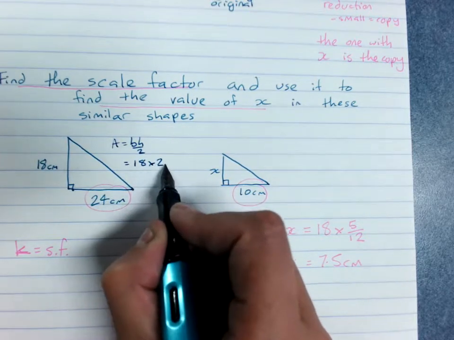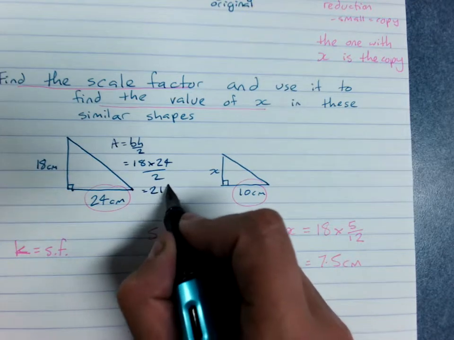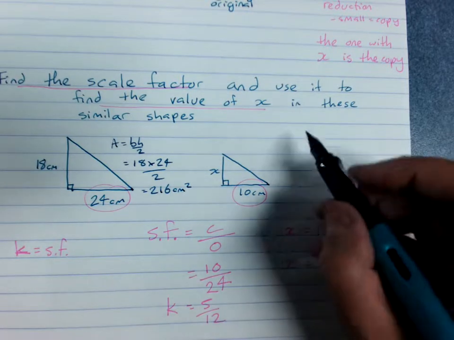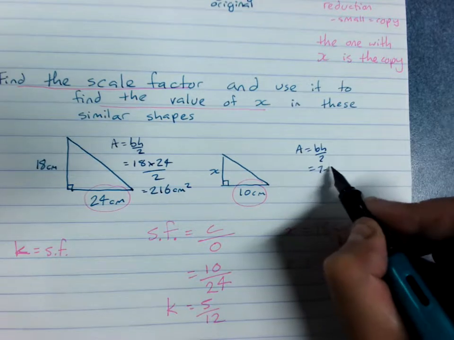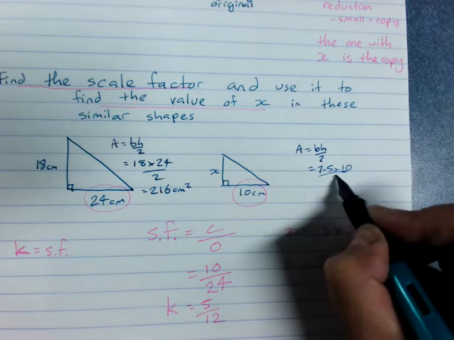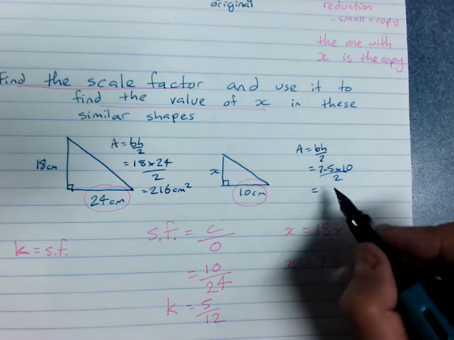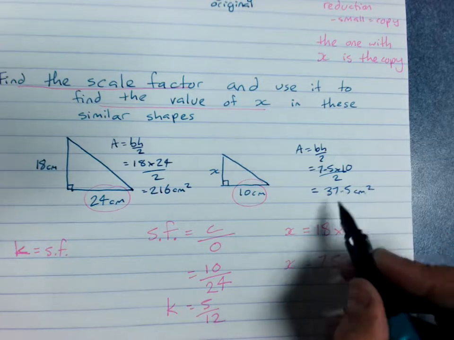That's 18 times 24 divided by 2, 216 centimetres squared. This one here, we know that's 7.5. Area is base times height over 2. 7.5 times 10 over 2. So that is half of 75, which is 37.5 centimetres squared.